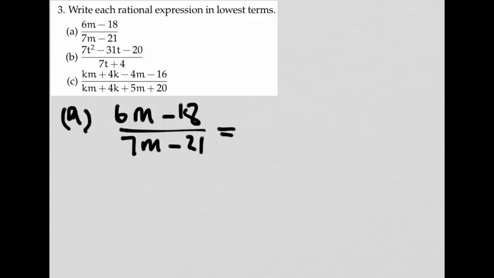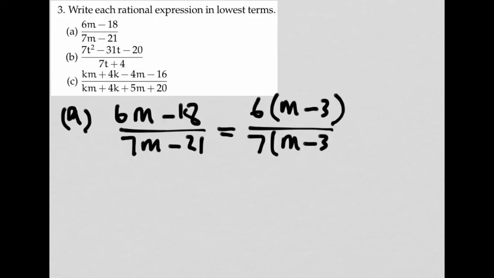In the numerator, we can factor out a 6, and that leaves us with m minus 3. In the denominator, we can factor out a 7, and that leaves us with m minus 3 as well. Cancel out the common factors, m minus 3, m minus 3, and that leaves us with 6 over 7. So the expression 6m minus 18 divided by 7m minus 21, if we write that in lowest form, the answer would be 6 over 7.